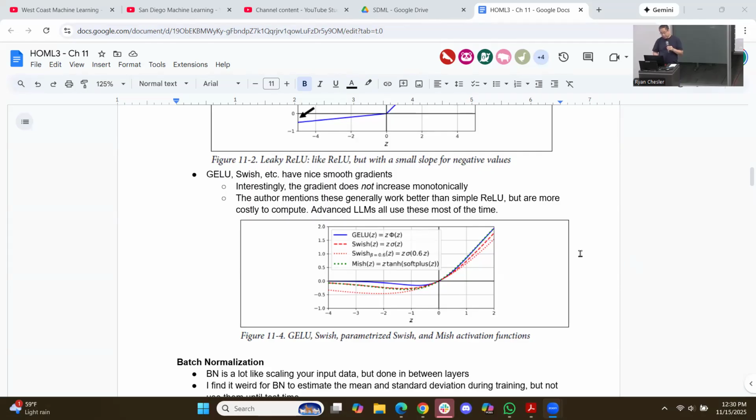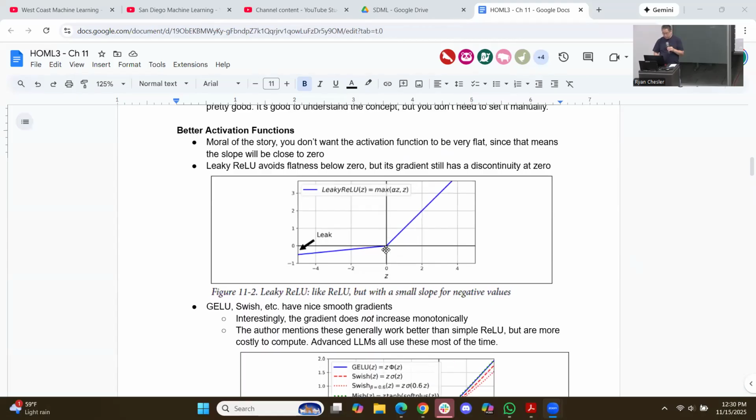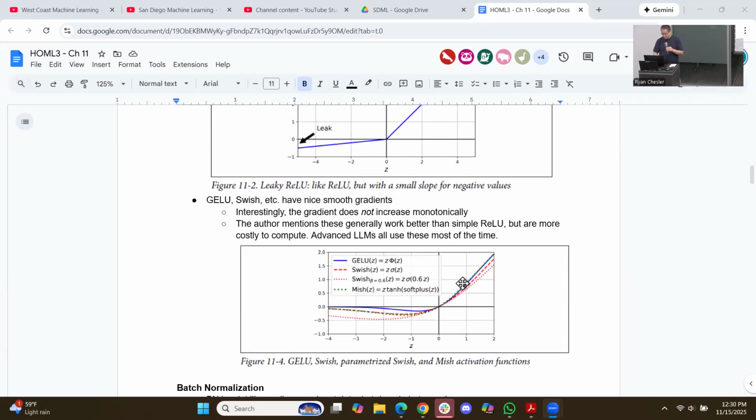They have very slight differences, but they all have this property that they're curvy, so they don't have the kink in the middle that ReLU and leaky ReLU have. This kink means that the derivative is, technically, not defined. It's not smooth. Whereas all of these, whether you look at the blue, green, or orange, are smooth curves.